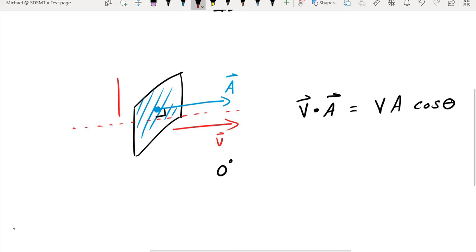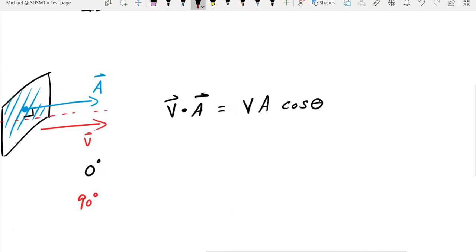Versus if I had airflow perpendicular to the cross-sectional area, that's a 90-degree relationship, and there would be no airflow through the window. So I also need a trig function that is going to minimize at 90 degrees.